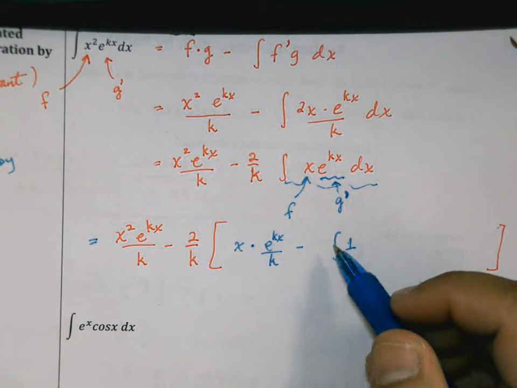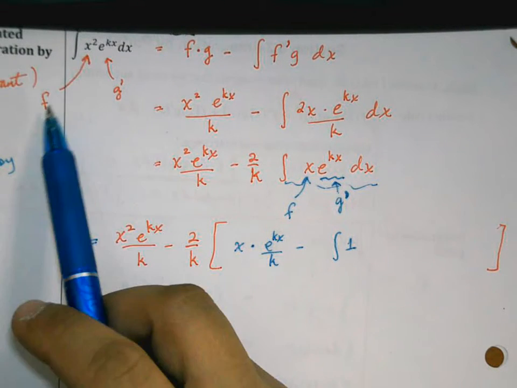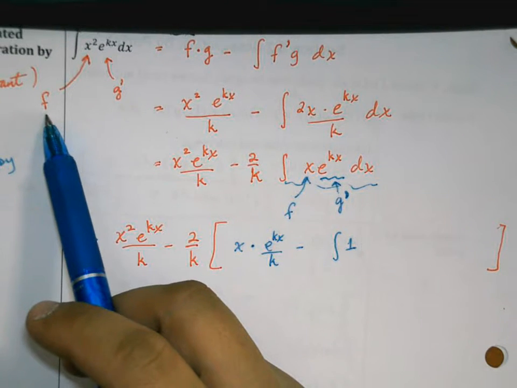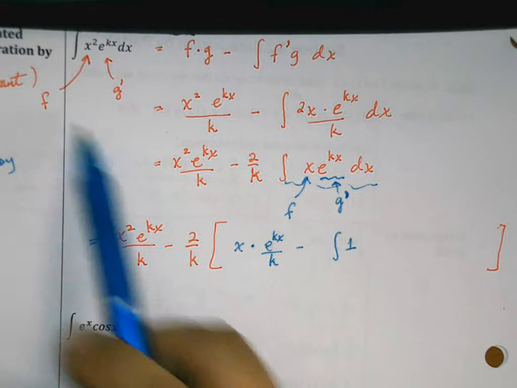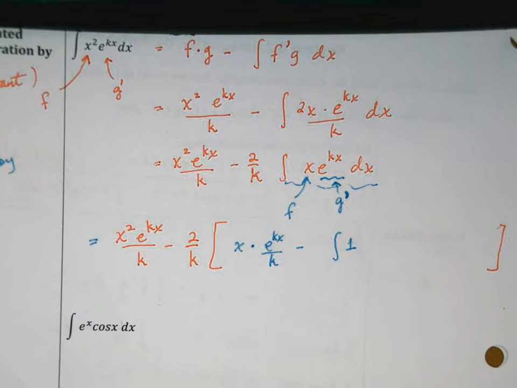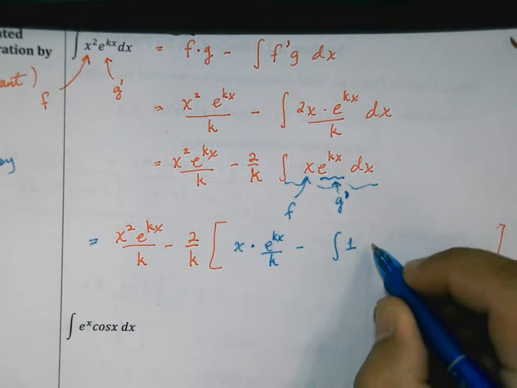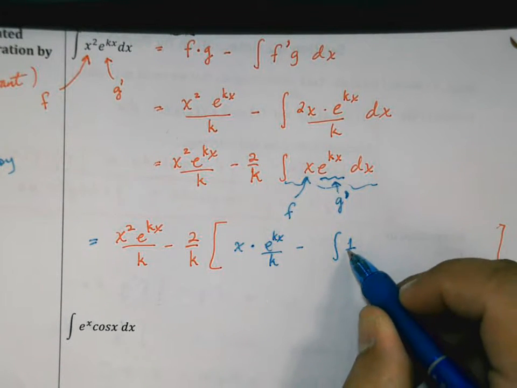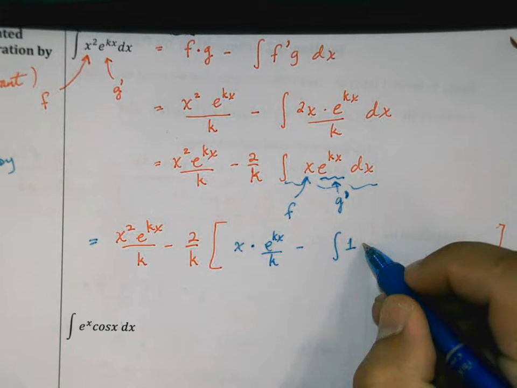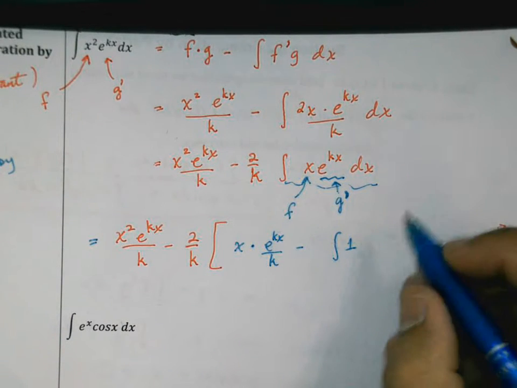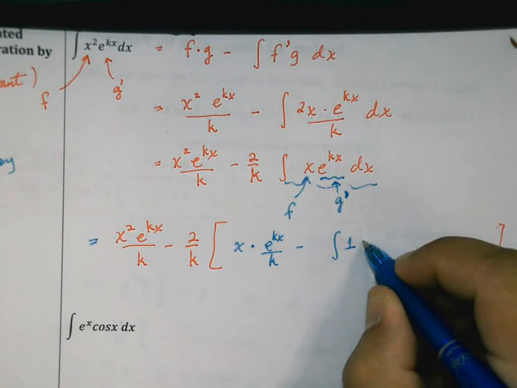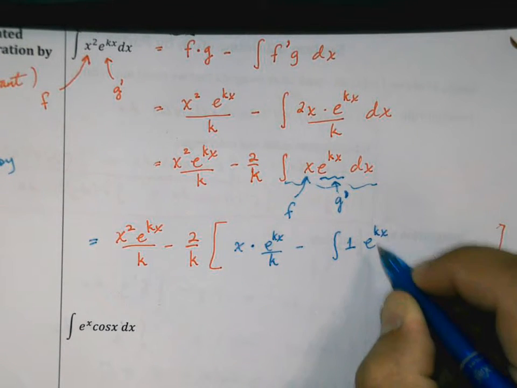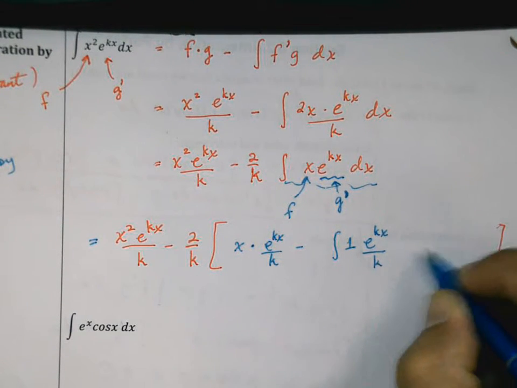And you see how choosing x squared to be f was very advantageous for us, because at each one of these steps the problem gets a little bit simpler. This is f prime times g, so we have to take the antiderivative of e to the kx. So e to the kx is e to the kx over k, again, dx.